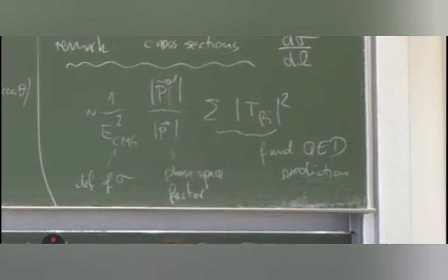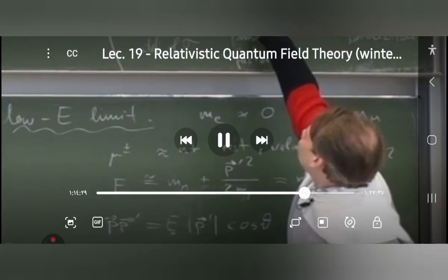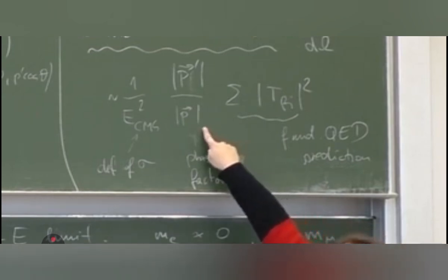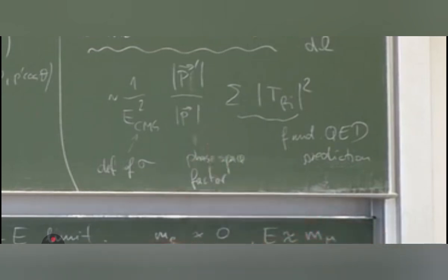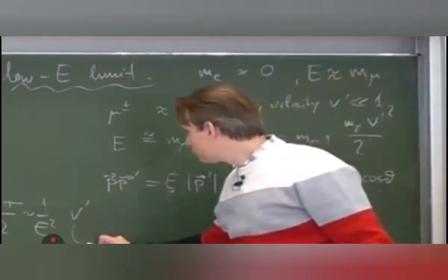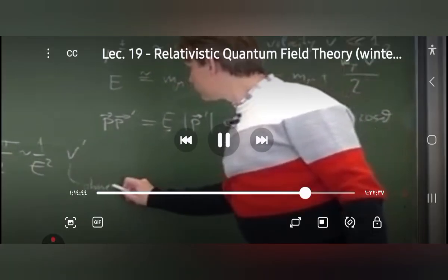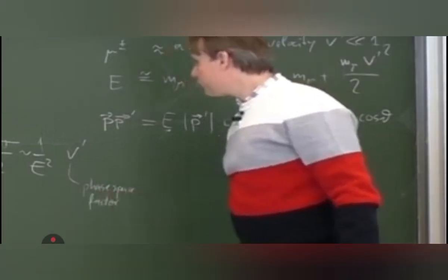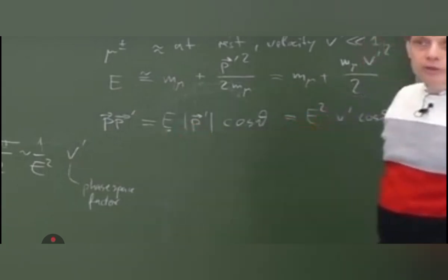That is now the momentum of the muon, which is energy times velocity divided by the energy. So this is just the velocity V prime. That is the phase space factor. So our phase space factor is now not 1, but it's the velocity, and the velocity is by definition small.